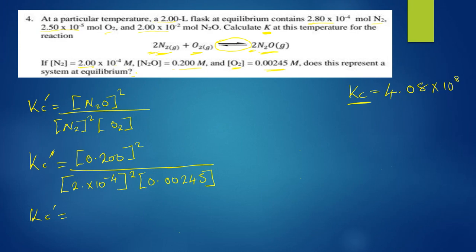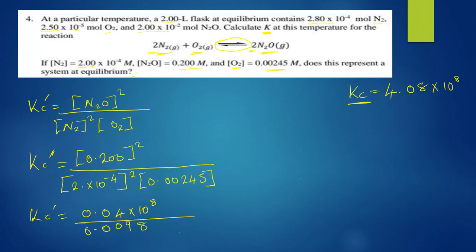On top there, if you square this 0.2, you are going to get something like 0.04, over, when you work out this 2 times 10 to the power negative 4, you square it and you multiply it with 0.00245, you're going to get something like 0.0098.